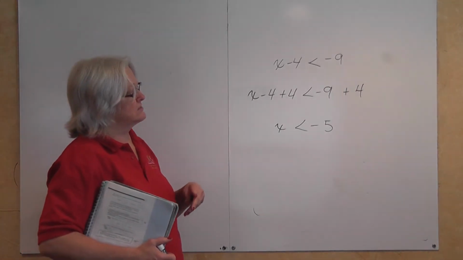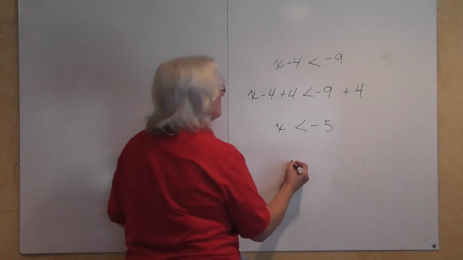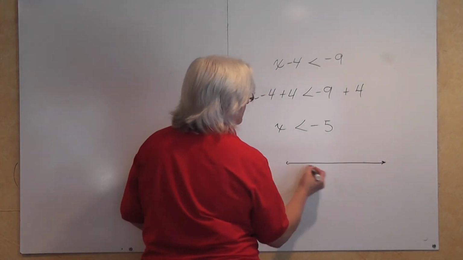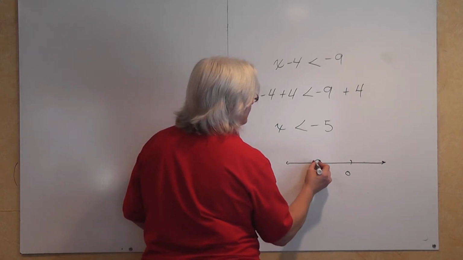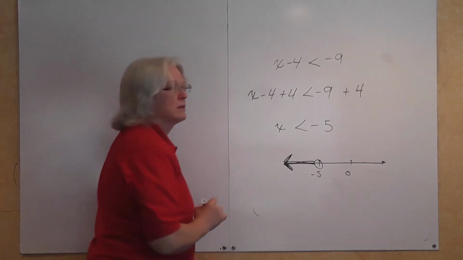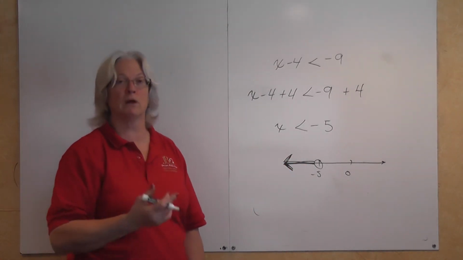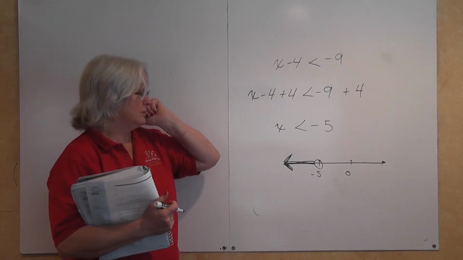What exactly does x less than negative 5 mean? Well, how would you graph that on a number line? You would have an open circle at your negative 5, and any number to the left of negative 5 on the number line would work. So is this true? Well, let's see.